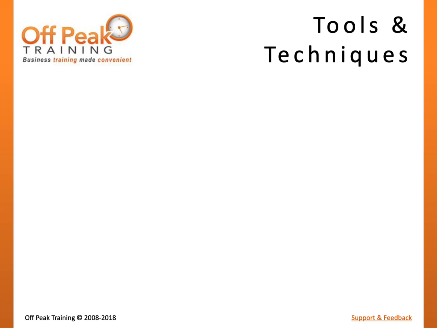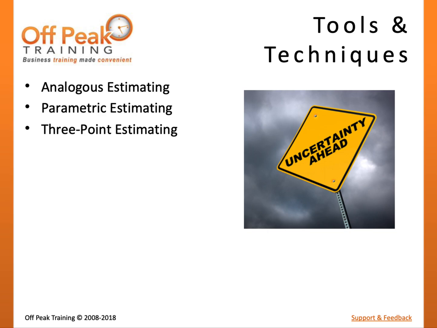The first three key tools and techniques are all also key tools and techniques of the estimate activity durations process. Analogous estimating is the use of actual data from a similar project as a basis for predicting future cost estimates. Parametric estimating is the use of a mathematical equation to estimate the total cost of an activity based on a known quantity and rate.